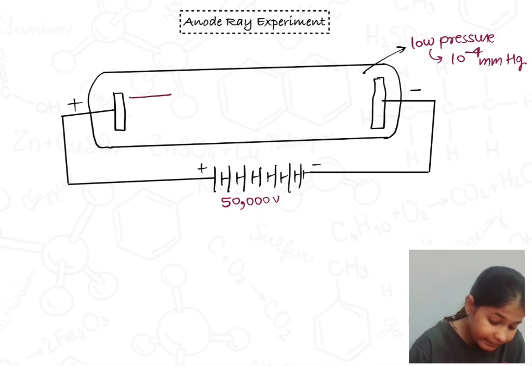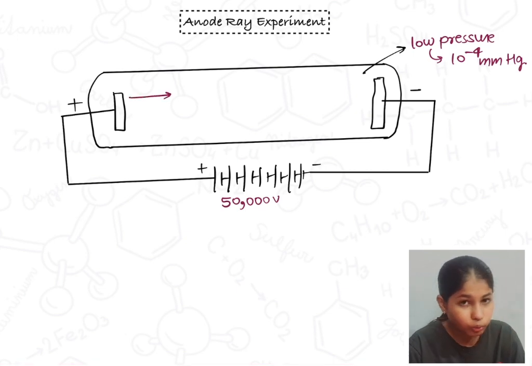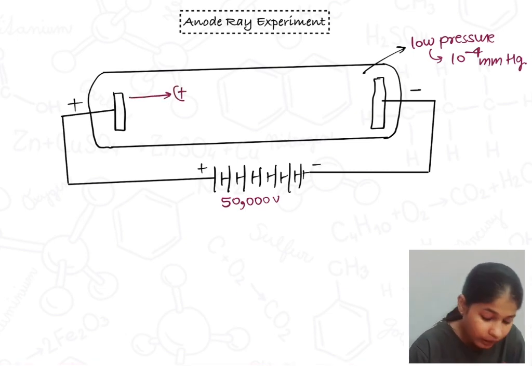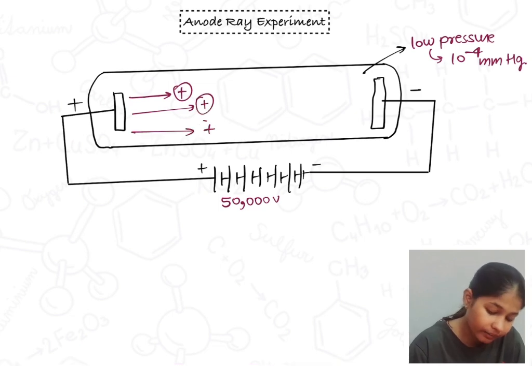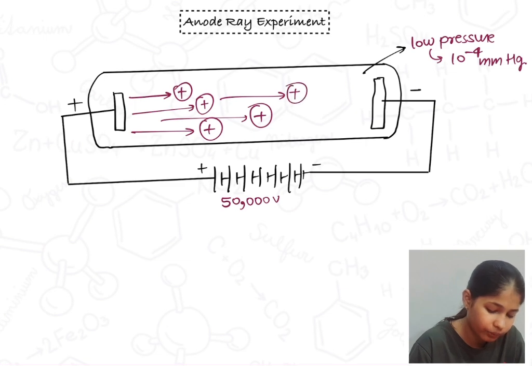Then from the anode, some ionized particles start traveling, start flowing.